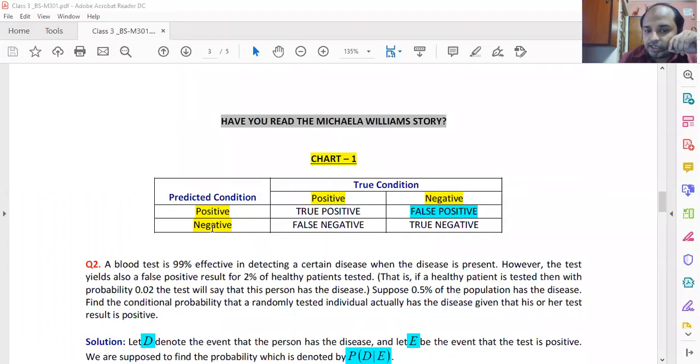If your predicted condition is negative and your true condition is negative, it is called a true negative. And if your predicted condition is positive and your true condition is negative, it is called a false positive. All these four conditions are important, but I have highlighted false positive because the Michaela Williams story is based upon false positivity.